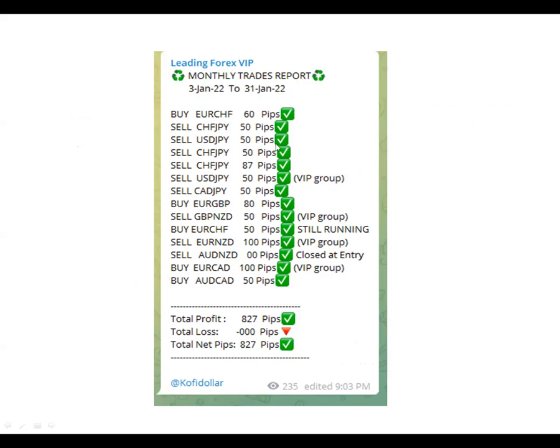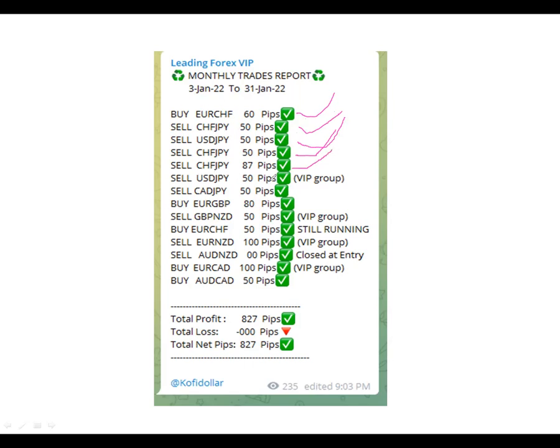The first signal given in both channels was Euro Chef, and we got a TP of 60 pips. Our second signal, also in both channels, was Chef JPY, 50 pips, and then USD JPY, also in both channels. Chef JPY again in both channels, 87 pips TP.